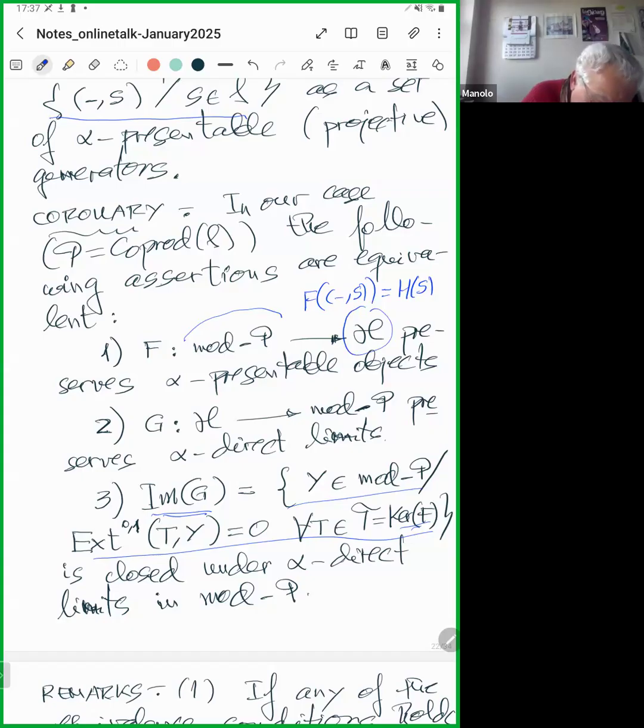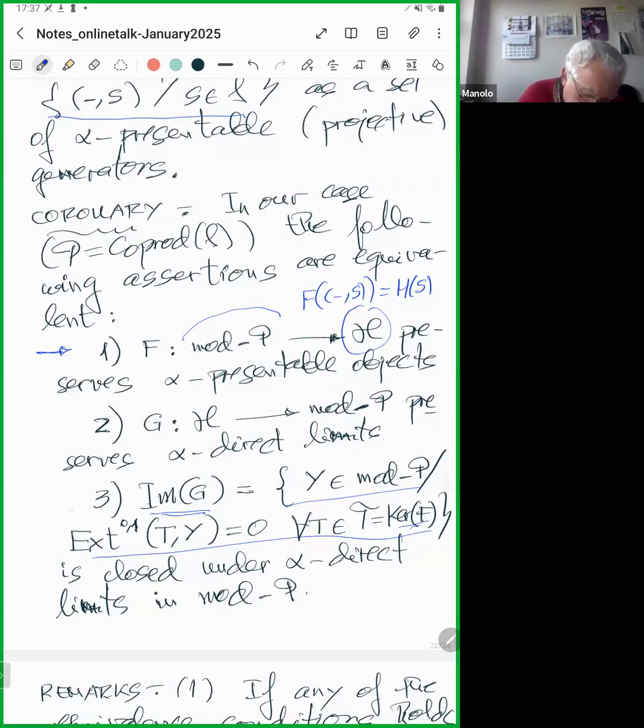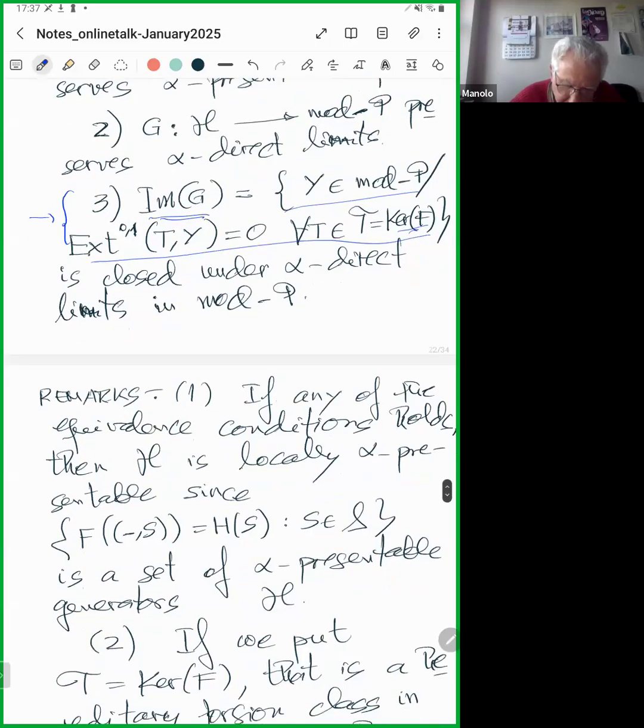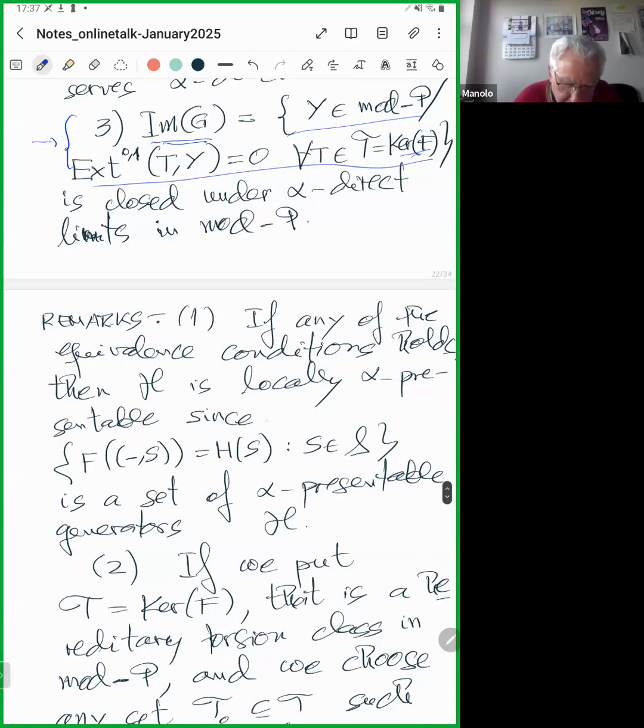So our goal at the end is essentially to prove this property. But what is going to be easier for us is to prove this property 3, and we need a simplification of this property. So this is what I was saying: if any of the equivalent conditions hold, then H is locally alpha presentable.